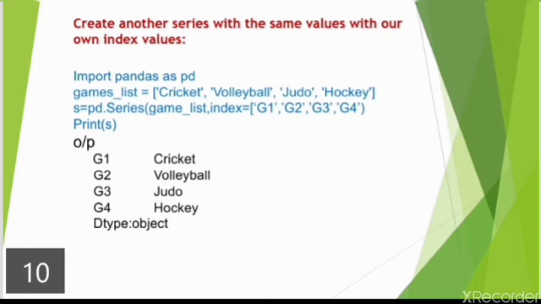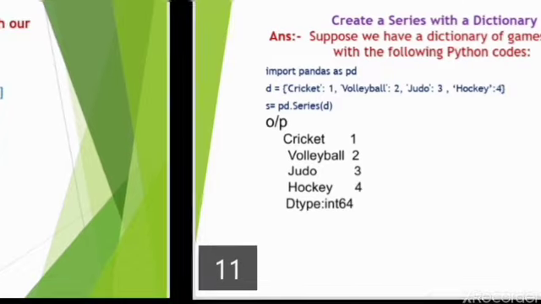Then in the output, in place of the index, it will come G1, G2, G3, G4, and the contents are cricket, volleyball, judo and hockey. The data type here is not integer, it is object now, because I am taking objects: cricket, volleyball, judo, hockey. That's why index values are now G1, G2, G3 and G4.